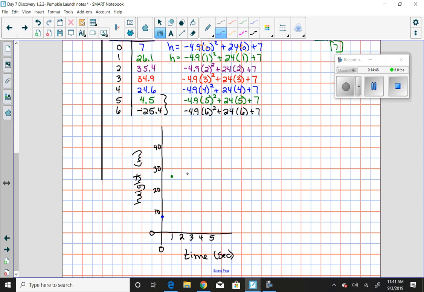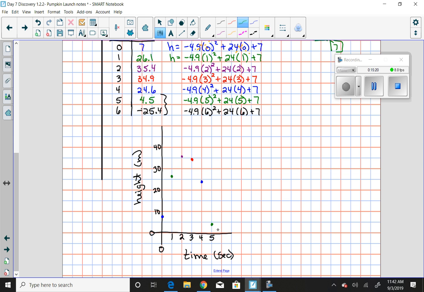Here's 30, and 35.4 is just a little bit higher than that line. At 3 seconds, it's 34.9, just below 35. At 4 seconds, it's 24.6, just a little bit below 25. And at 5, it's 4.5, just a little bit below the 5.